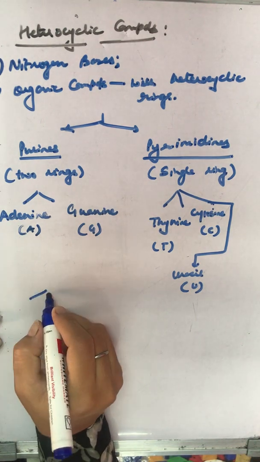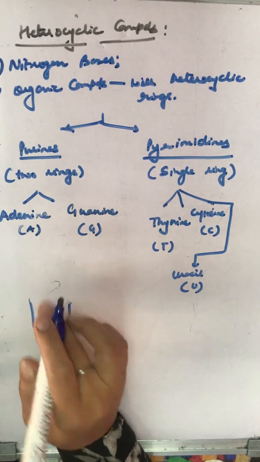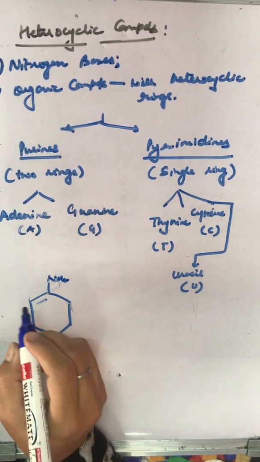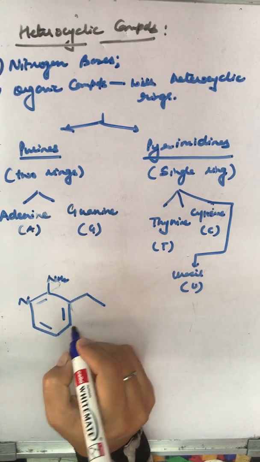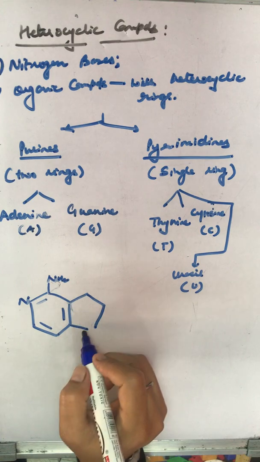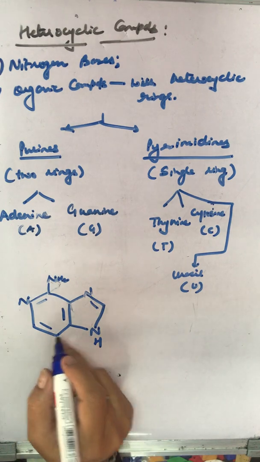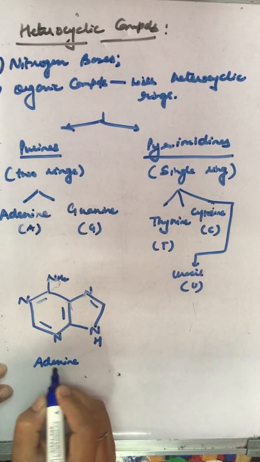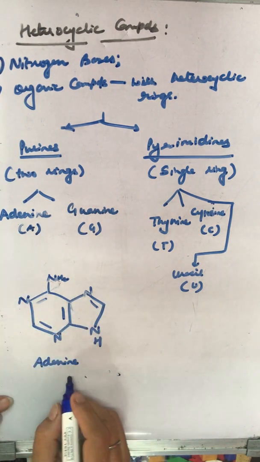We are drawing the structure of adenine, NH2 group, and NH, here also N. This is adenine, heterocyclic, two rings, one is a 6 carbon compound and the other one is a 5 carbon compound.